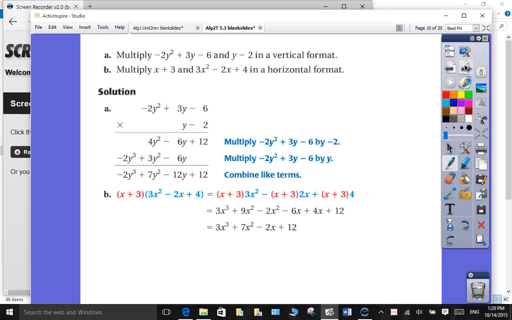Just making them all combine like terms. That always seemed to work for me. But I'm going to show you a different way that you might find even better.